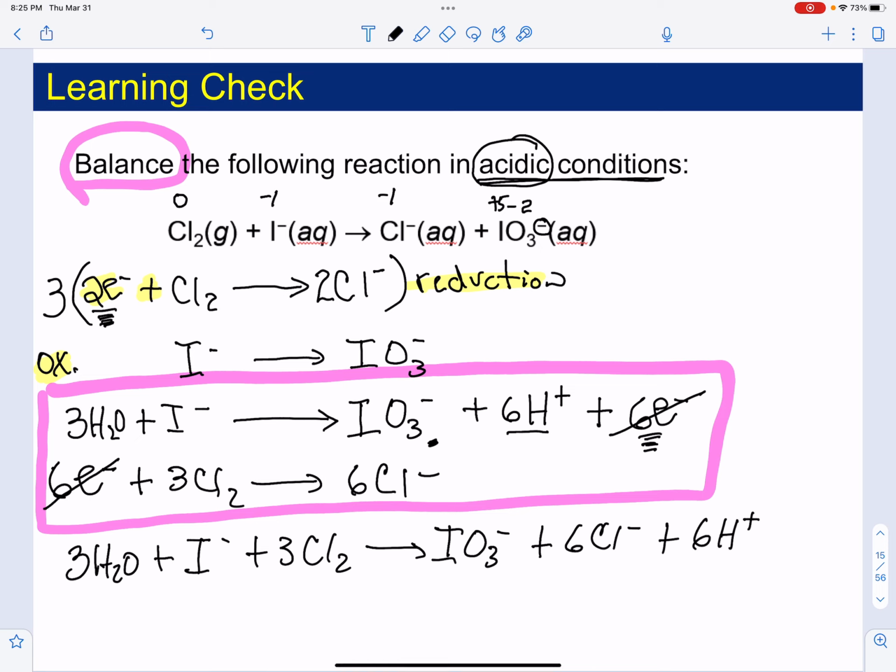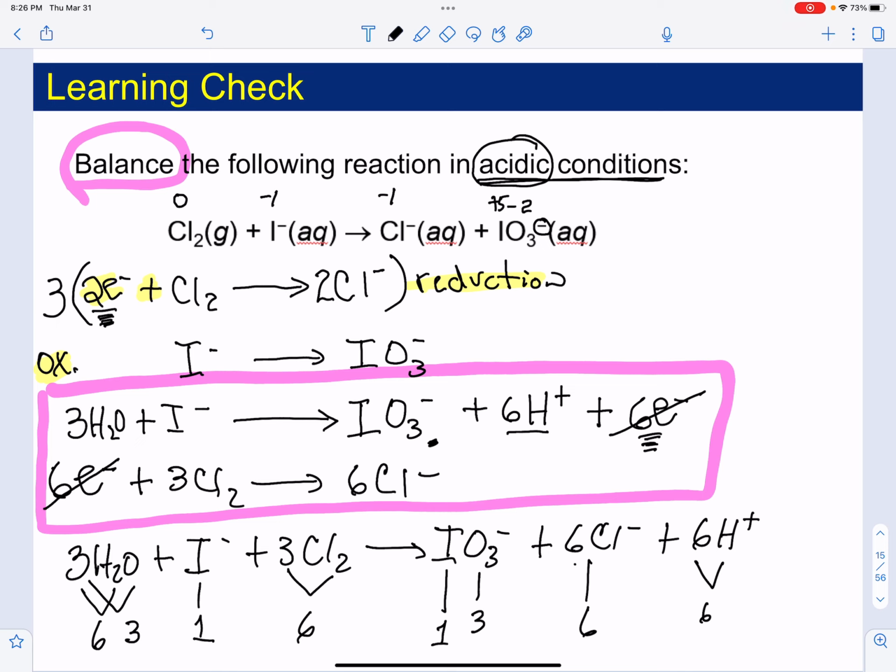So let's double check. 6 hydrogens on the left side, 6 hydrogens on the right side. Three oxygens on the left side, 3 oxygens on the right side, 1 iodine, 1 iodine, 6 chlorines, and 6 chlorines.